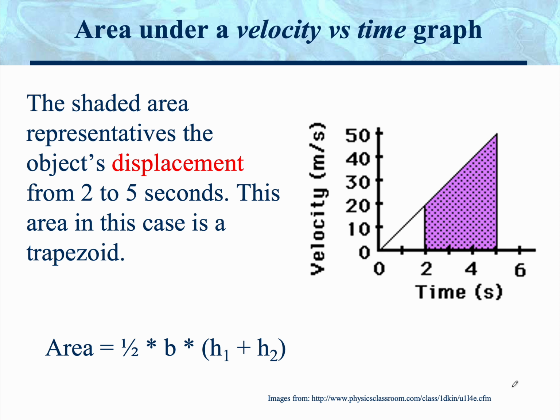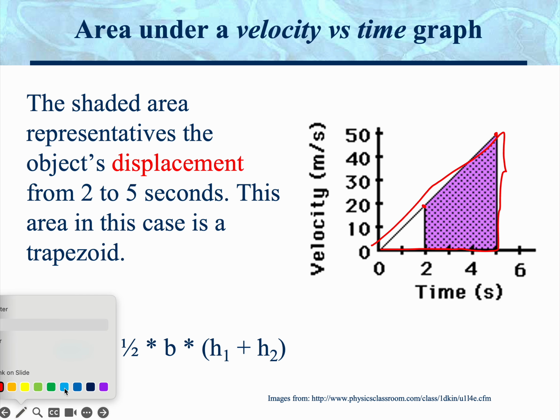Finally, what if you have something like this, a trapezoid? There's a couple ways of solving it. One is, if you happen to remember it, the area of a trapezoid, 1/2 base times h1 plus h2, where that's the two heights here. Or you can also take the area of this whole triangle, all the way out to here, and then subtract this triangle that's in here.